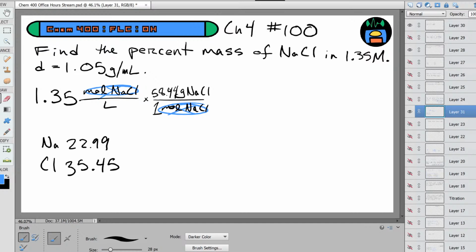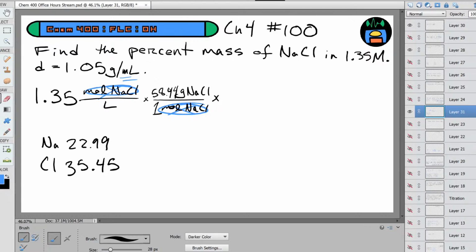All right, now we have grams in our numerator. Next, we need to convert our denominator to grams. First, you'll notice that our density is in milliliters.